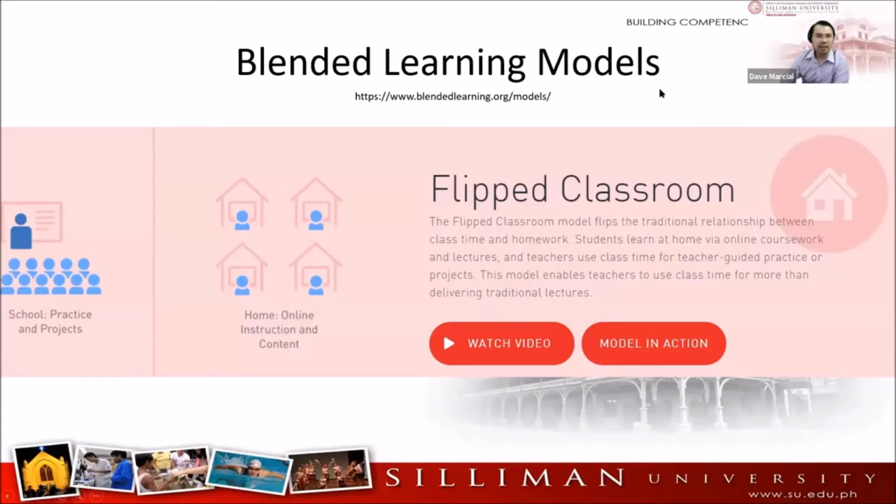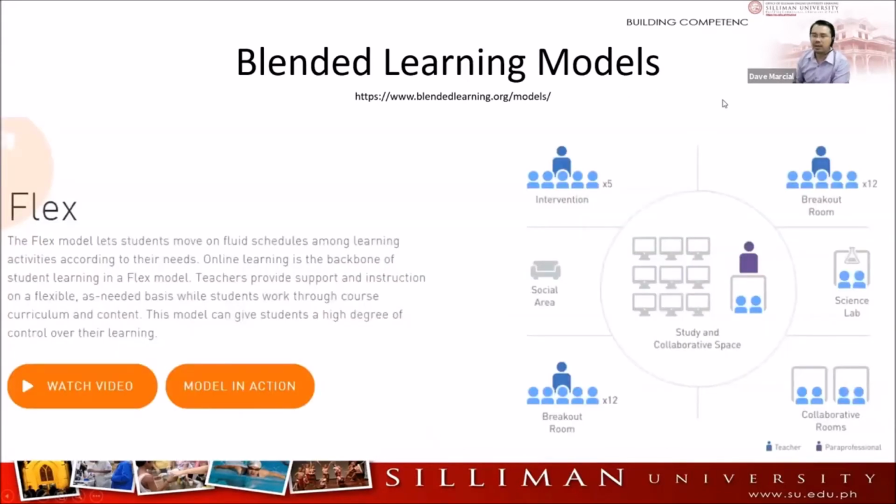Another model, which is also popular in blended learning, is the so-called flex. In the diagram, the flex model lets students move on fluid schedules among learning activities according to their needs. Online learning is the backbone of this kind of model, meaning the majority of your activities are done online.